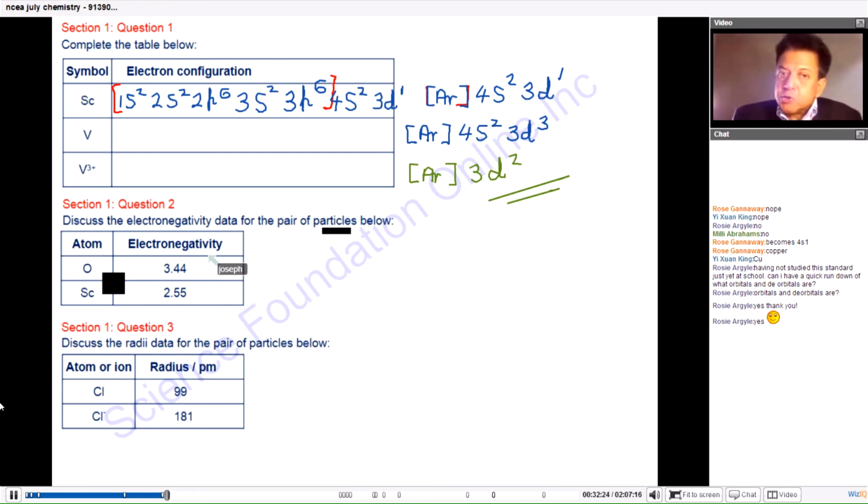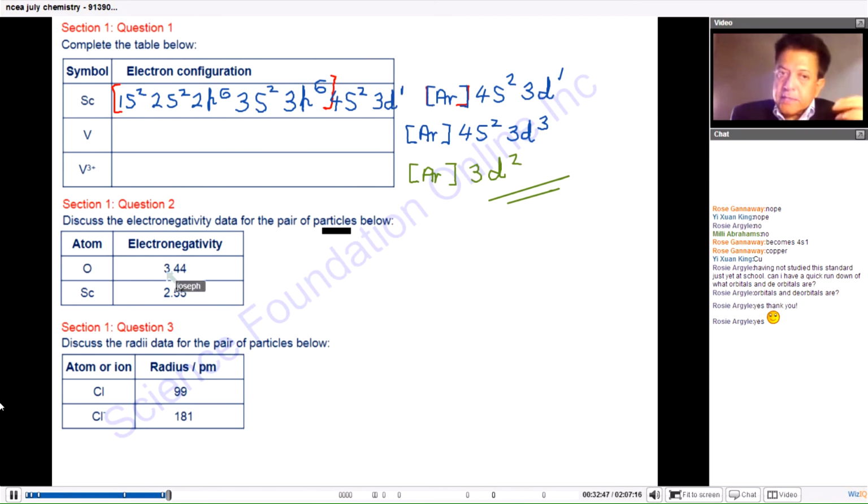So a high electronegativity indicates a highly non-metallic nature. So the more non-metallic an element is, the greater will be its electronegativity, and the more metallic something is, it will tend to lose electrons, not to gain electrons. It will have a lower electronegativity.